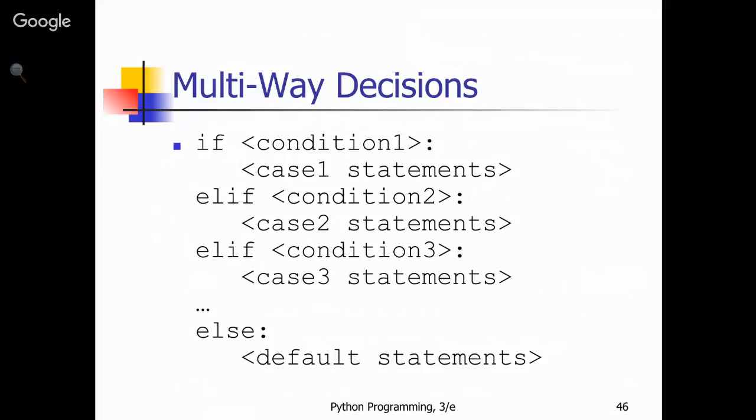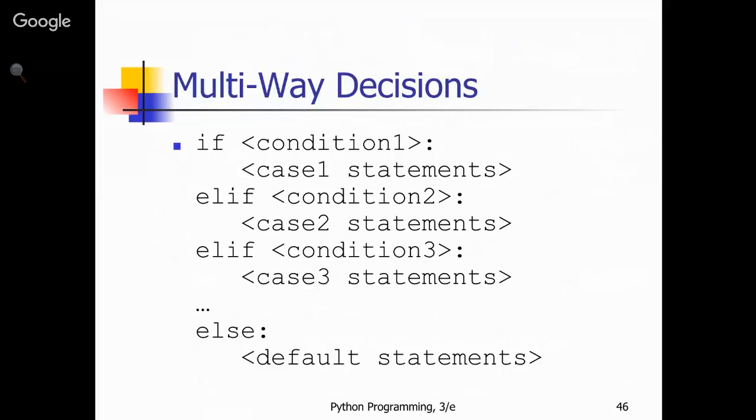Okay? And so this is what it looks like. You can use as many as necessary and check for as many conditions as necessary. And then you could also have an else, which is the default. So even though you have 5 conditions for the grades, maybe the user entered Z, then what would you do?